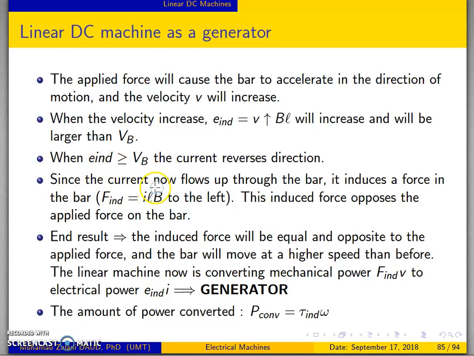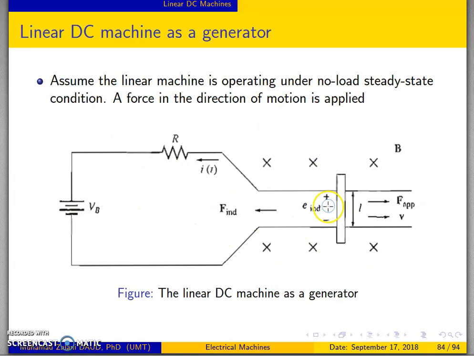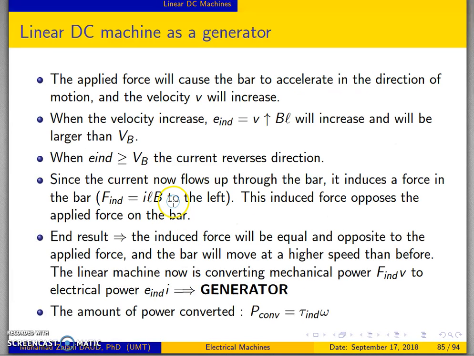Since the current now flows up through the bar, it induces a force in the bar. Now the current is flowing in the up direction. It will induce a force in the bar to the left. The induced force can be calculated using ILB, where I is the current in the reverse direction.